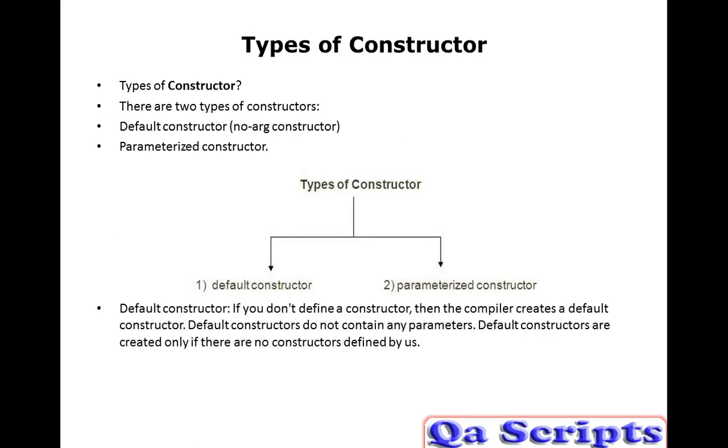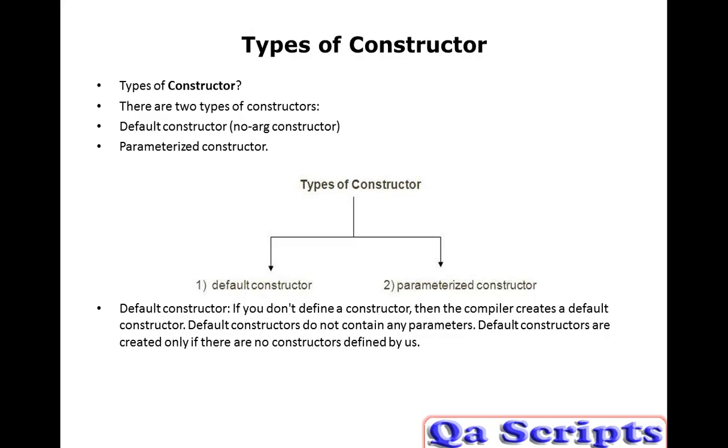What is a default constructor? If you don't define a constructor in your class, then the compiler will create a default constructor. Default constructors do not contain any parameters. Default constructors are created only if there are no constructors defined by us.